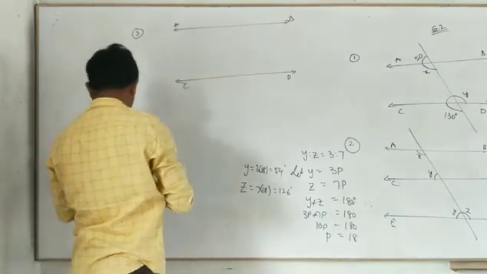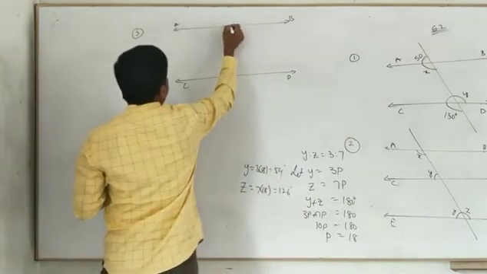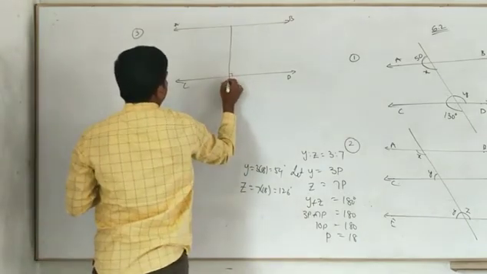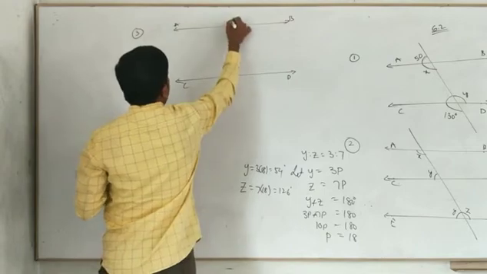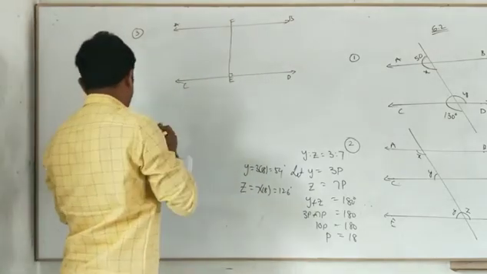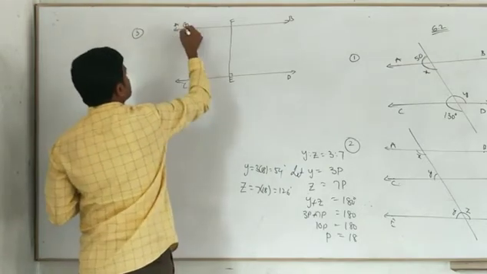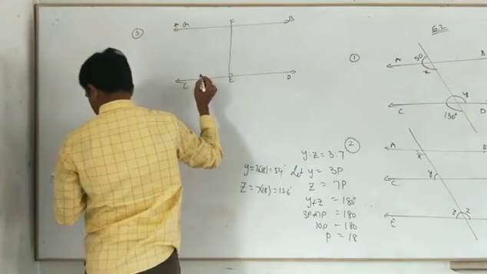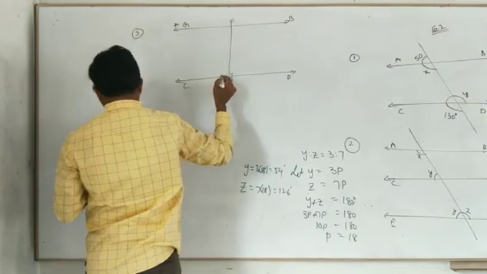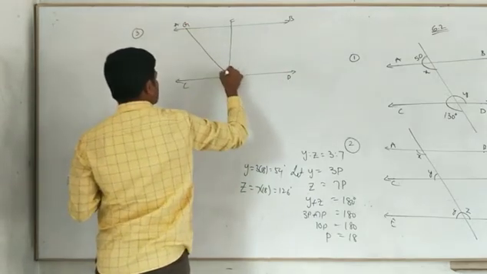Okay, now EF is perpendicular. Are you clear? And one more point he has marked here. This is G. G, E, D. He has joined this one.